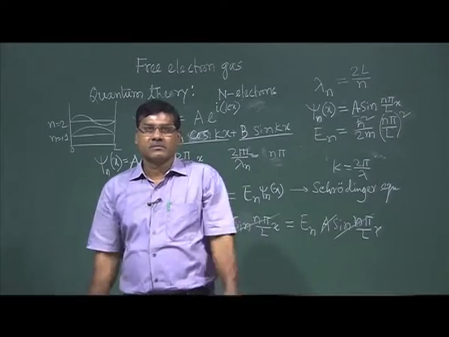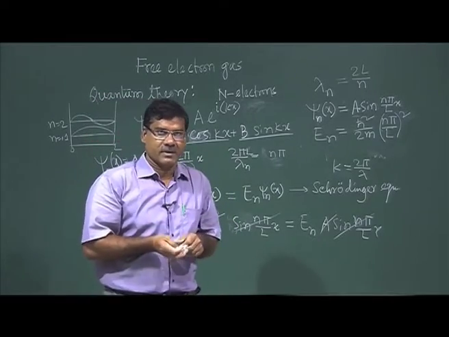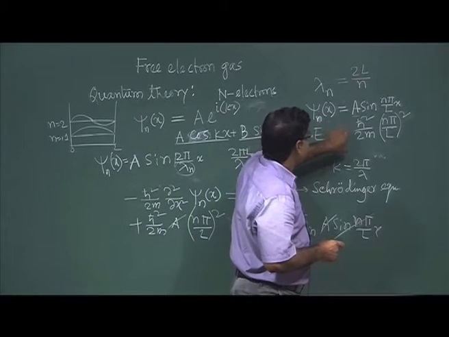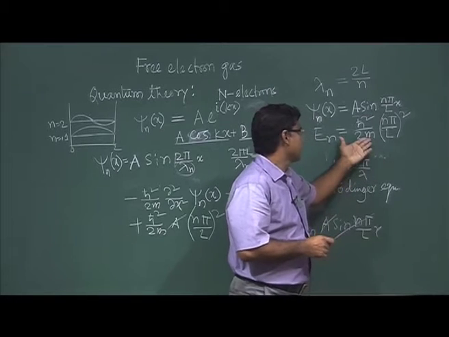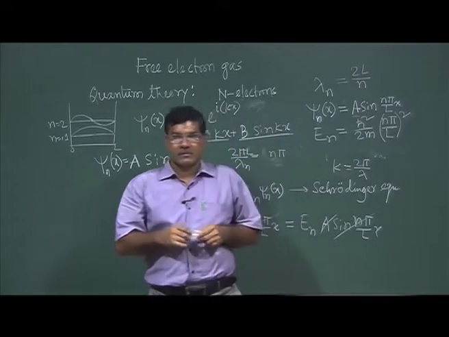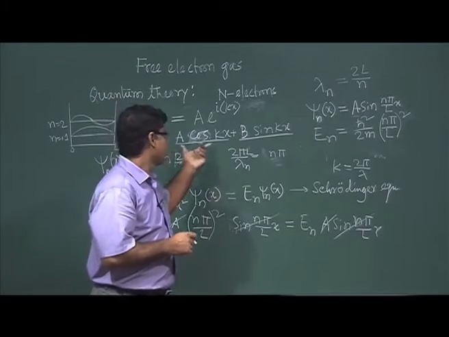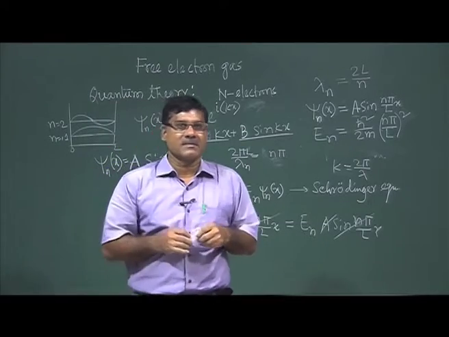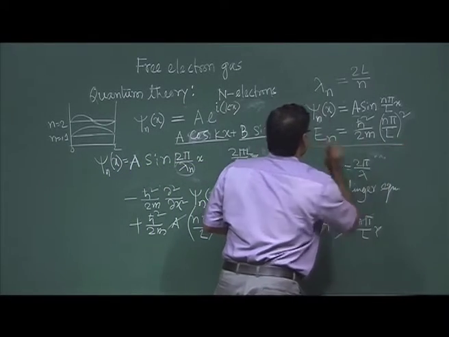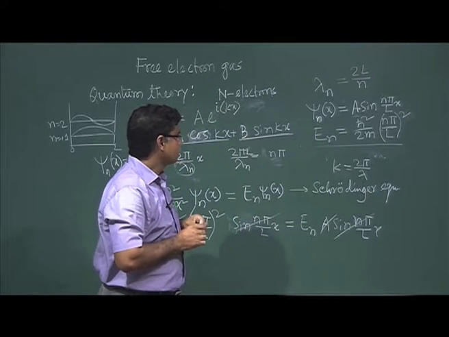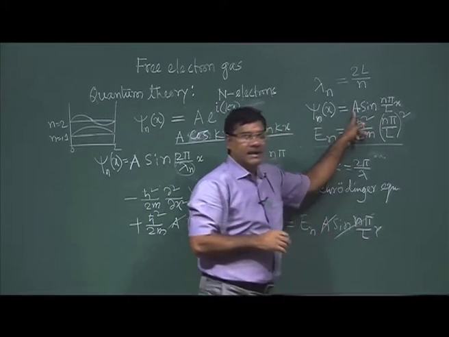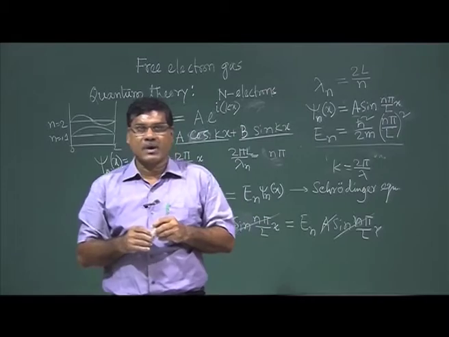So, that will be the energy of the nth state of our system. Now it is in terms of all known quantities, we know the mass of the electron, and the length of our system is known to us. So, this is the energy of the system. Now one can find out this A, so that one has to normalize it.